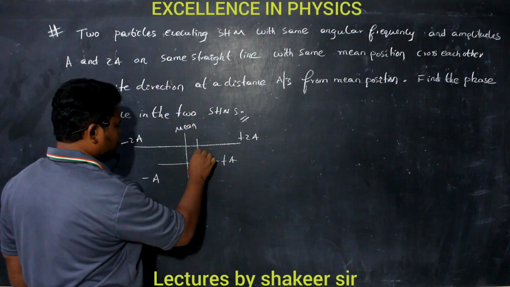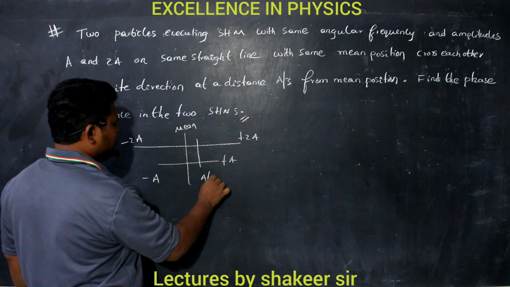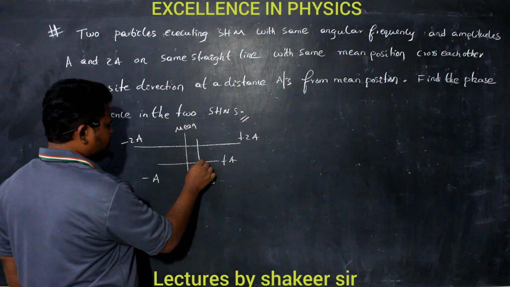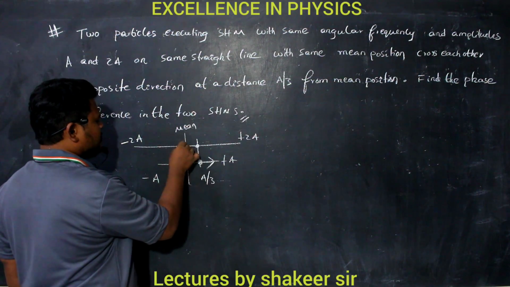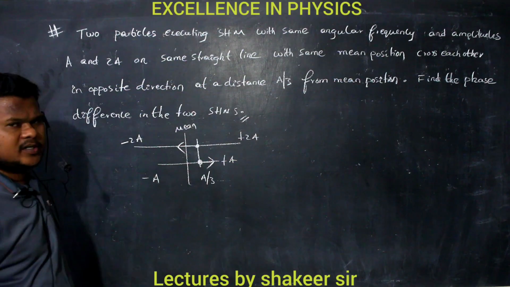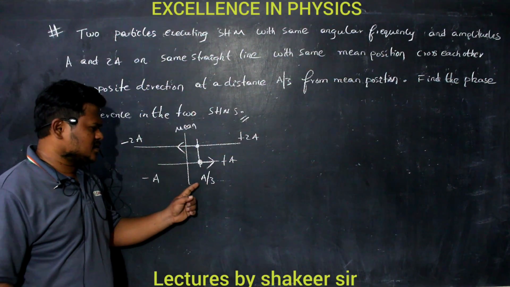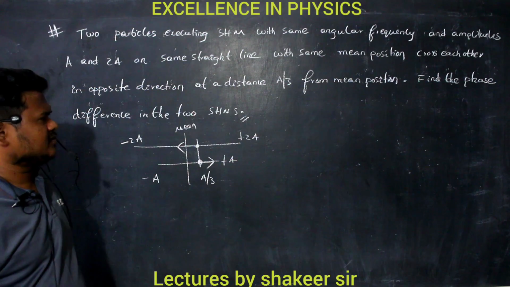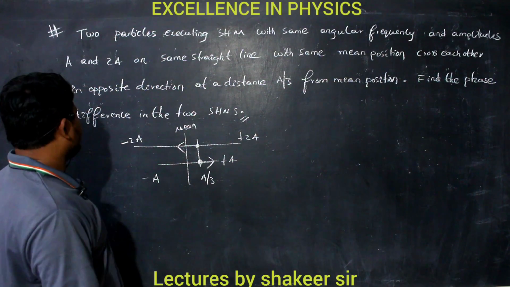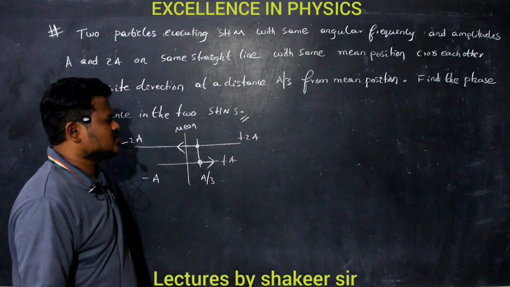Let us assume that this particle is traveling in this direction and the second particle is traveling in the opposite direction. So they are crossing each other, with their directions opposite, at a distance of A by 3 from the mean position. Then calculate the phase difference between these two SHMs.